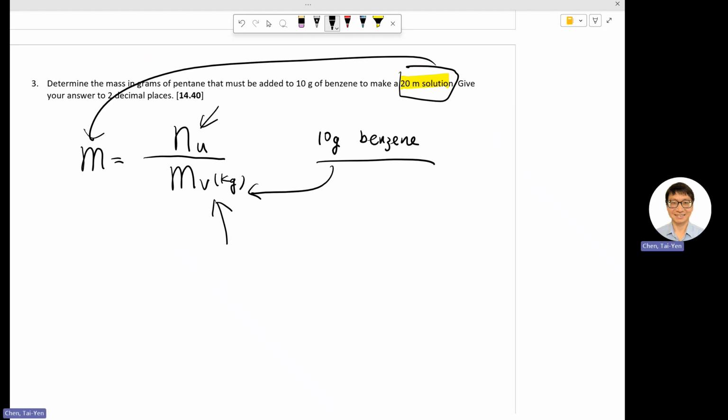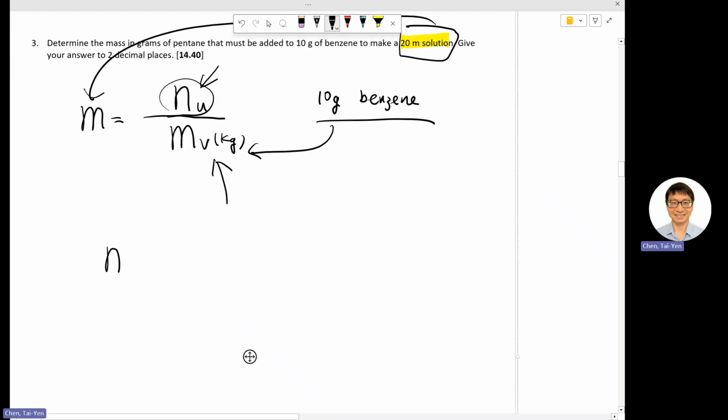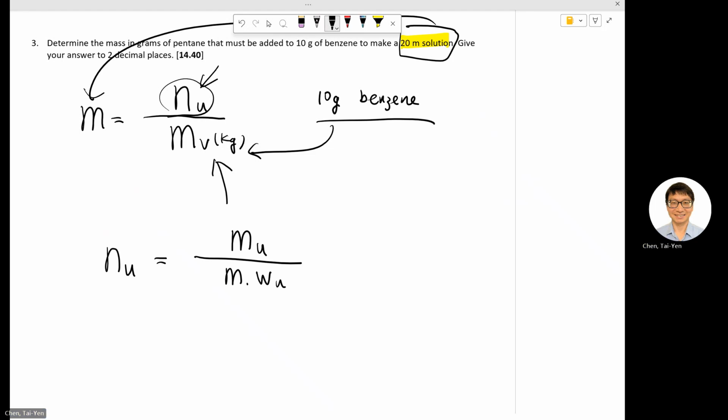And then what? Need to figure out the things on the top. So the definition of the moles of your solute is equal to the mass of your solute divided by the molecular weight of your solute. That's how you define the moles.